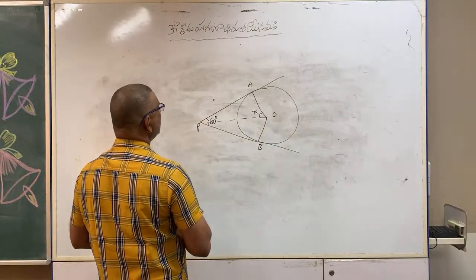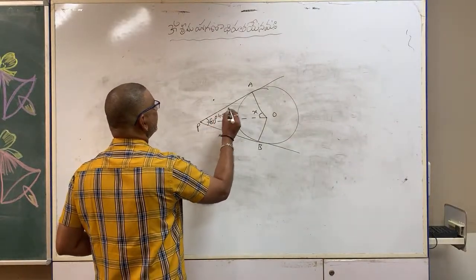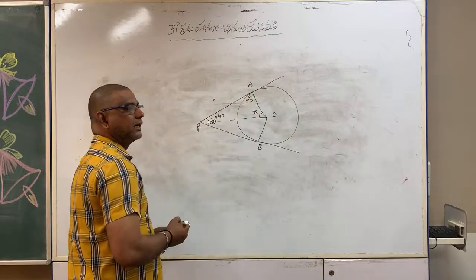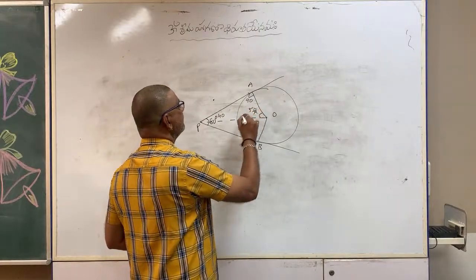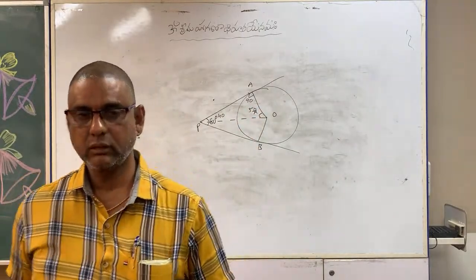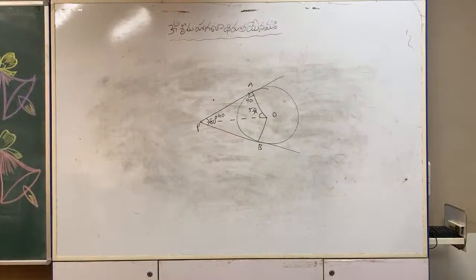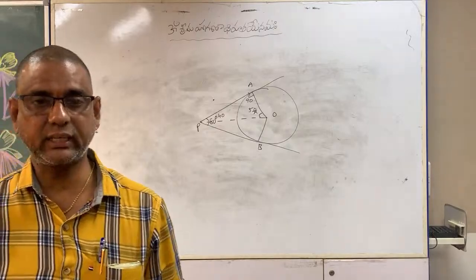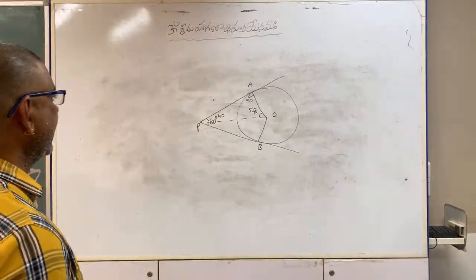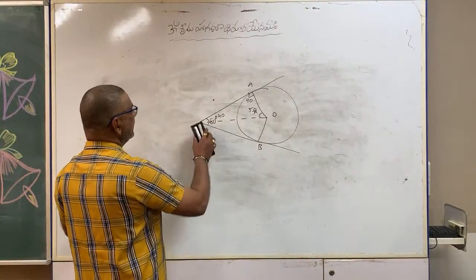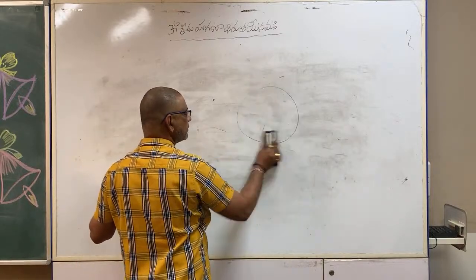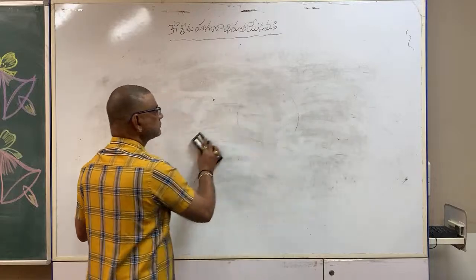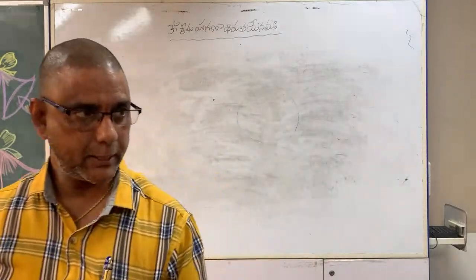So if this total angle is 80, then this will be 40, this is 90, 90, 40, 130, then this will be 50 degrees. Okay? But you need to write that statement: PO is the bisector of the angle between the tangents as well as the angle between the radii. Next question.